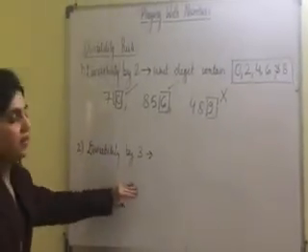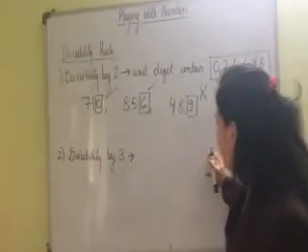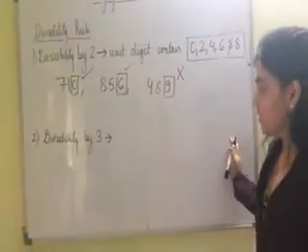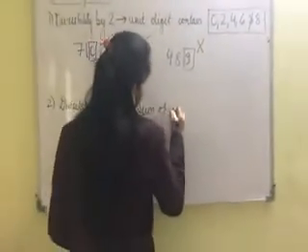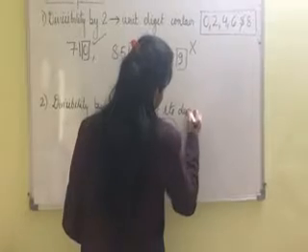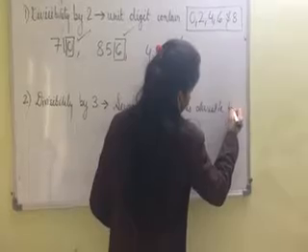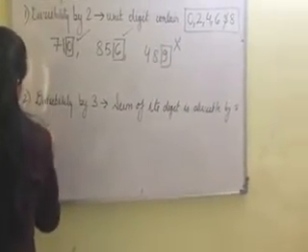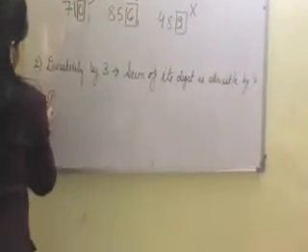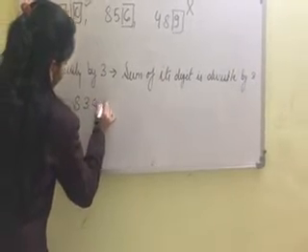Now, next is divisibility by 3. So, a number is divisible by 3 if the sum of its digits is divisible by 3. Take one example. Example is 834051.